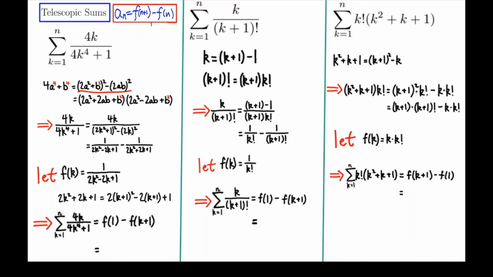Now, if we put this into our denominator over here, then we get that this is equal to 4k divided by (2k squared plus 1) squared minus (2k) squared, but we can also write it as this over here.